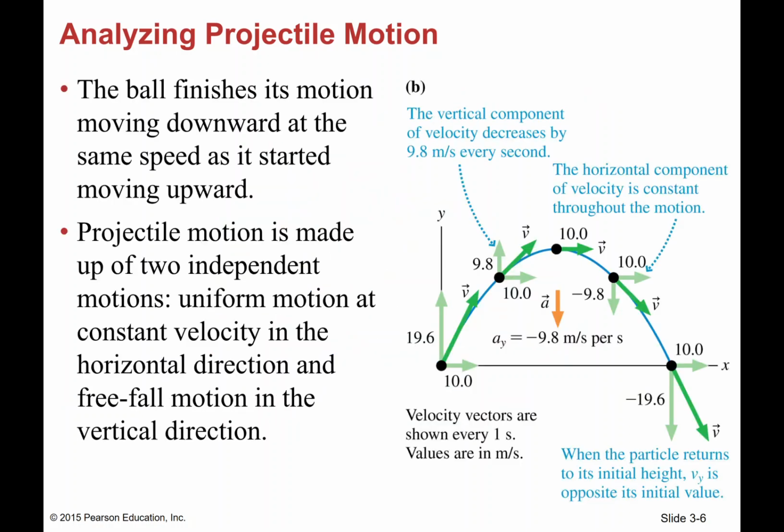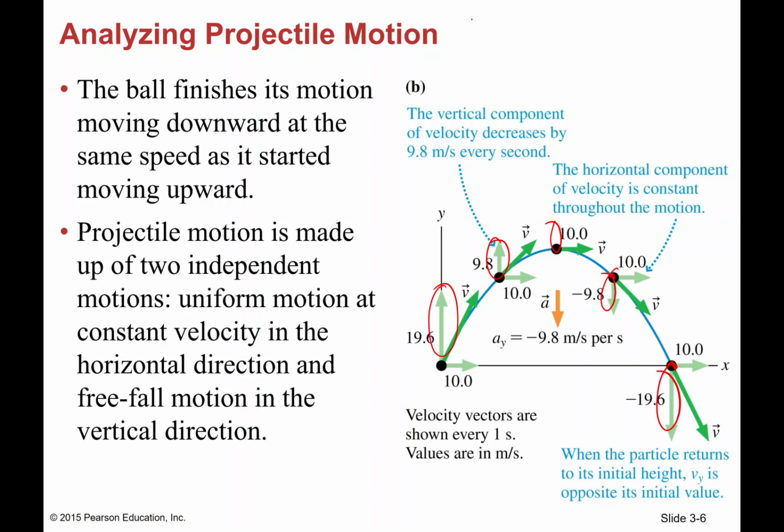So here is a more detailed motion diagram. These are my frames. Let's look at a few points here. For instance, the velocity. This component is always the same, never changes. Now let's look at the vertical component. You have 19.6 here, 9.8, 0 here, minus 9.8, minus 19.6.